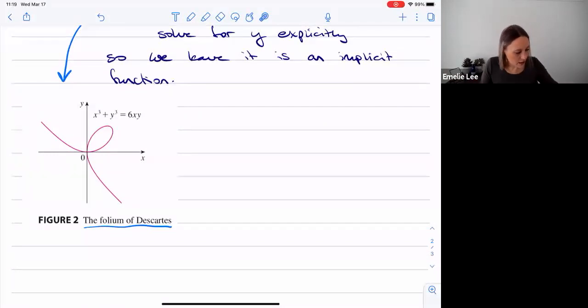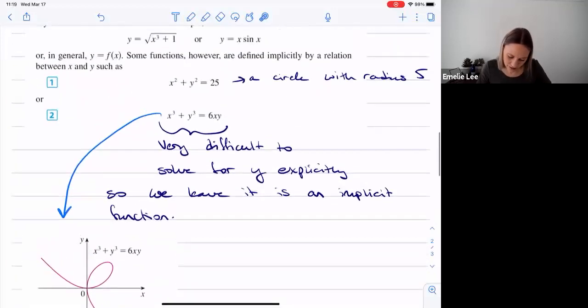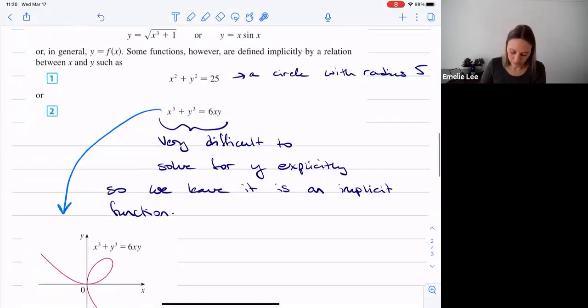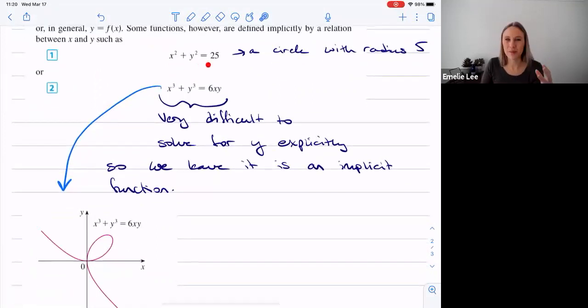So the key, right, even if we have something like this where we could solve for y, all the questions will say use implicit differentiation. So then, of course, we're just going to apply implicit differentiation, right? What you'll find eventually is that it's just easier to use implicit differentiation than solving it for y and then differentiating.